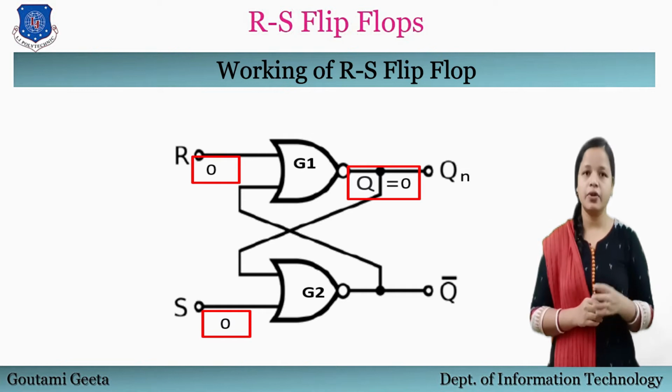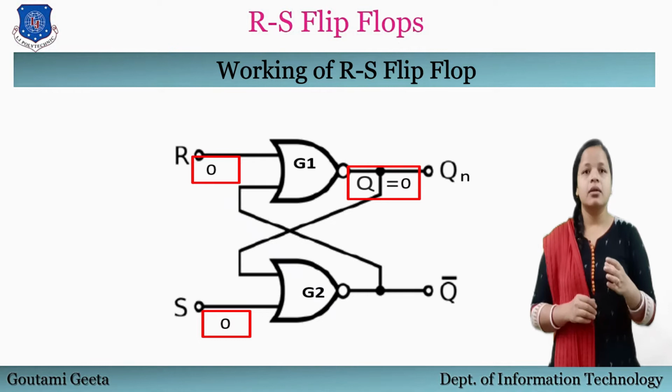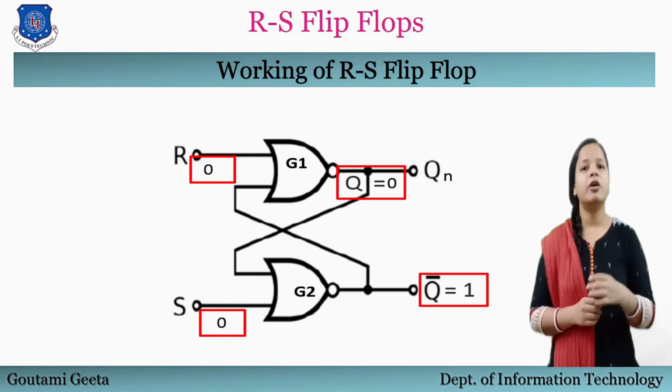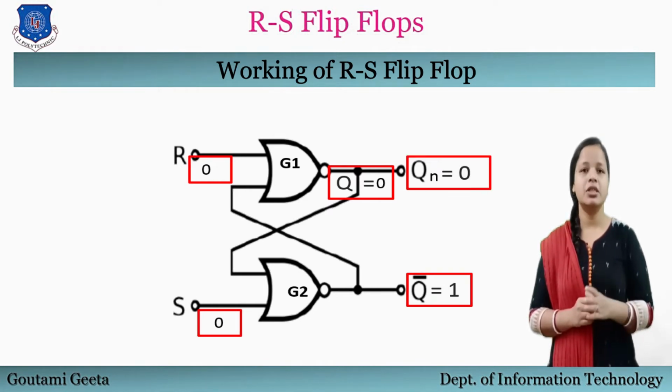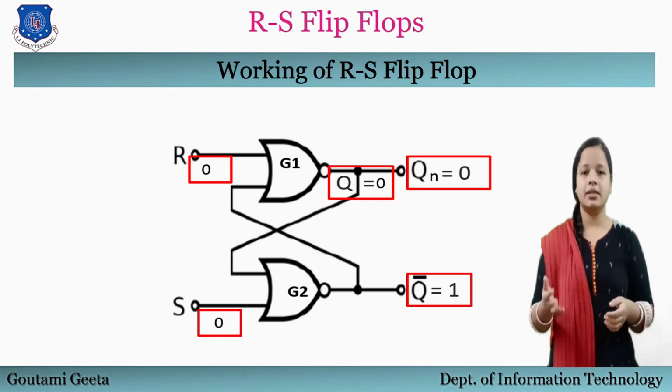If S is equal to 0 and R is equal to 0, and let's see if the previous state output is 0, then we get output for gate 2, Q dash, is equal to 1. This 1 is further provided to gate 1 and the output at gate 1 will be Q is equal to 0. We can see next state output will be as it is, that is Qn is equal to 0.